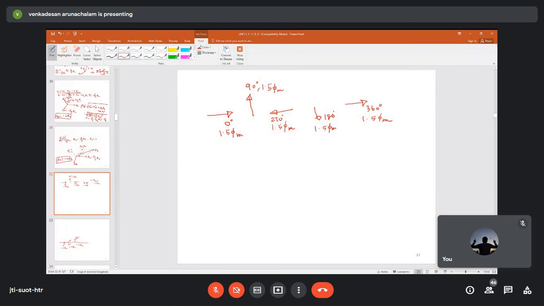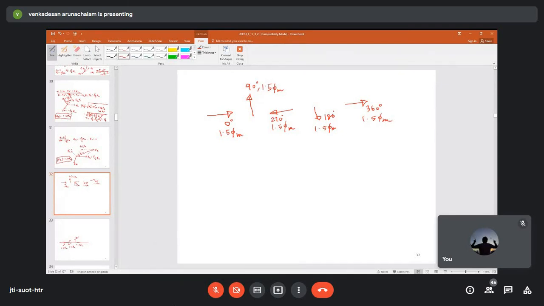Are you understanding this point? Since the direction of the resultant magnetic field is changing, it is called a rotating magnetic field, and it is having the constant magnitude of 1.5 times of phi m.